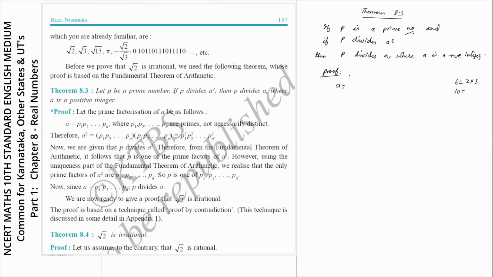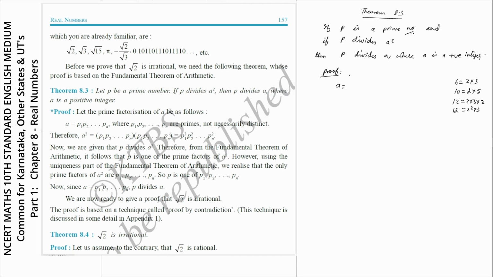And what are the factors of 10? I can write as 2 into 5, 2 and 5 are the factors of 10, right? Now 12, I can write as 2 into 3 into 2, or 2 square into 3 is 12. So that means 2 and 3 are factors of 12.